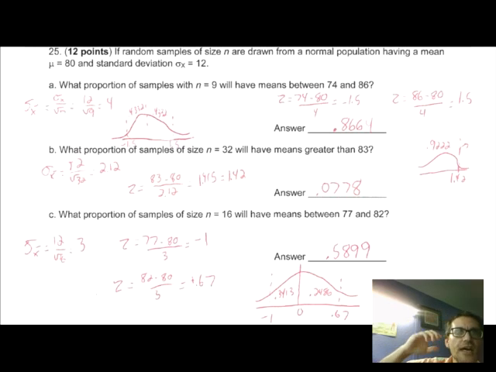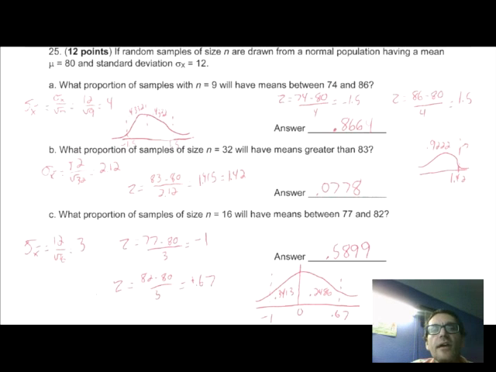I go down the left side to 1.4, go over to the first, second, third column, get 0.4222. So to the left side of this number of interest, it's 0.4222 until the mean. Well, we know that each side of the distribution is 0.50, and so to get the answer we want, we need to take 0.50 minus 0.4222 to get the 0.0778.